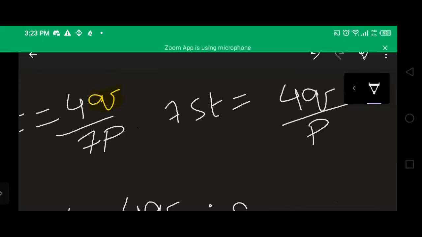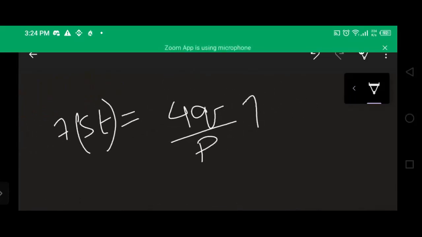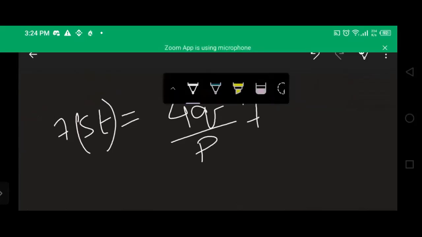Okay, so you have to put the s and t between brackets. Okay, that's what you're saying. And then for q over p, you want to make p the subject. So again, multiply p on both sides.